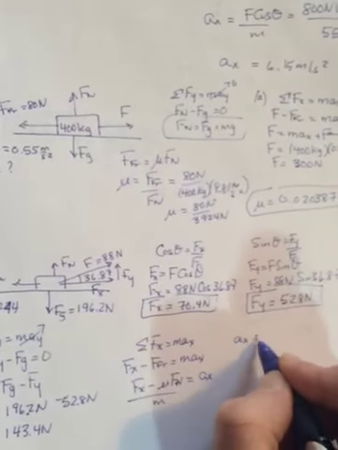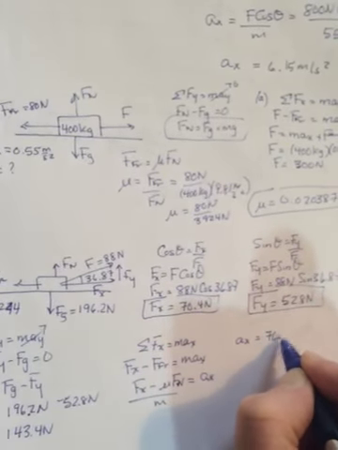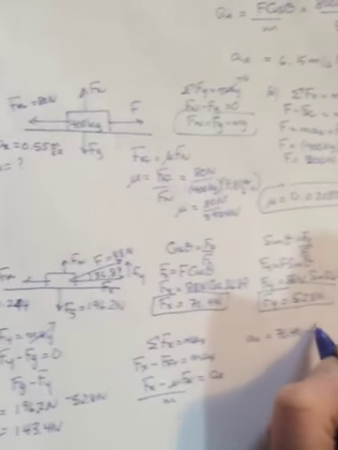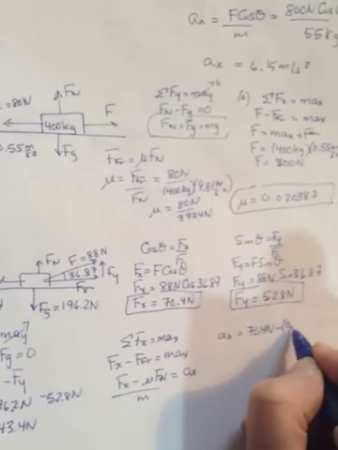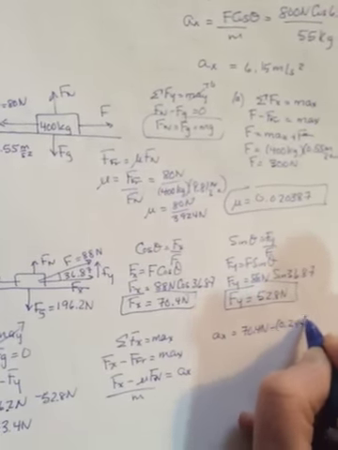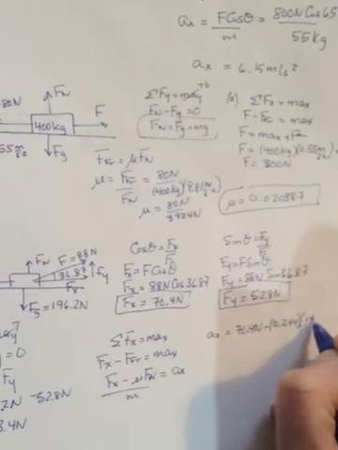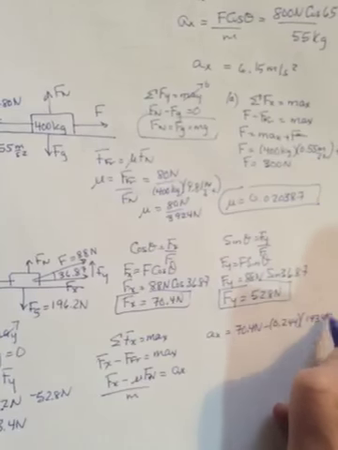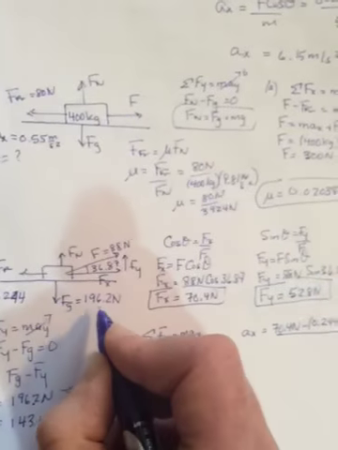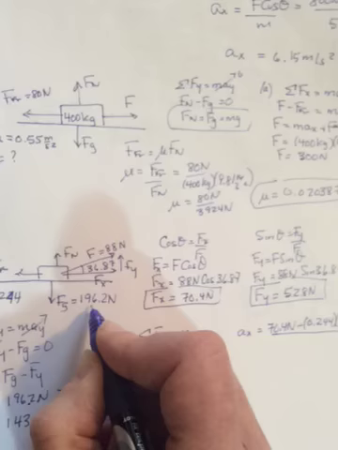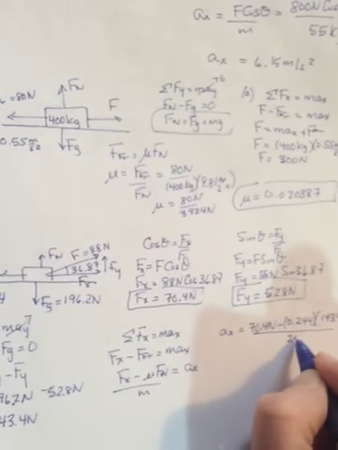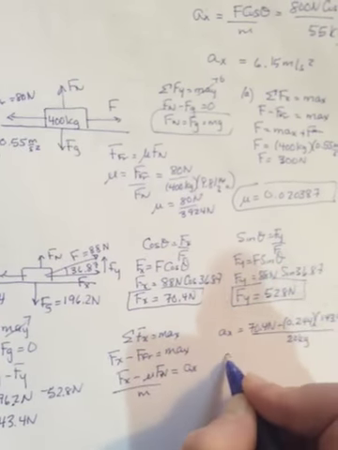So Ax will equal 70.4 newtons minus 0.244 times 143.4 newtons. And divide by 9.81, so your m is 20 kilograms.